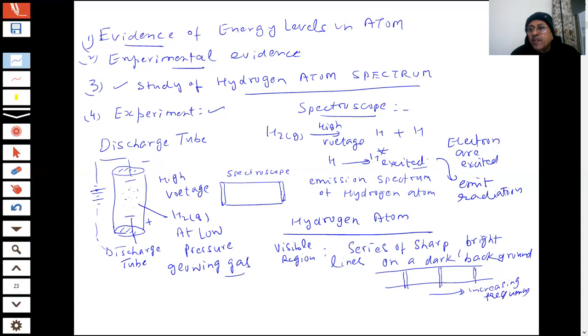So sharp lines have been obtained, not a continuous spectrum.